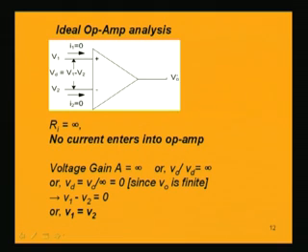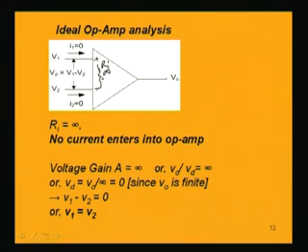Now, as this ideal op amp has the parameter R I infinite, the input resistance is infinity. So, if there is an input resistance here, suppose R I, and that is infinity, obviously there cannot be any current entering into the op amp. So, the first consequence of R I being infinity is that the current entering into an op amp is 0.